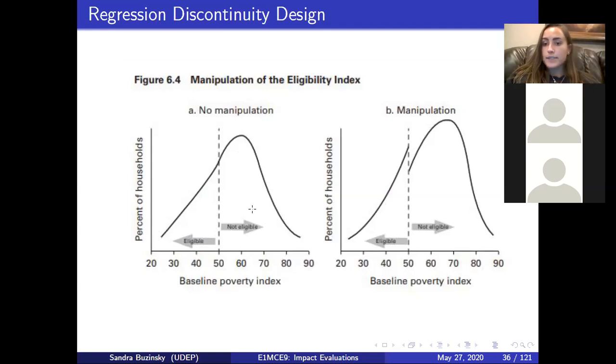Whereas on the right-hand side, we do see evidence of manipulation because you expect this distribution of households to be smooth, yet we see a discontinuous jump such that right on the eligible side, there are a lot more households than just on the non-eligible side. So that's indicating to us that some households on the ineligible side were able to report their baseline poverty index as lower than it should be to gain treatment.